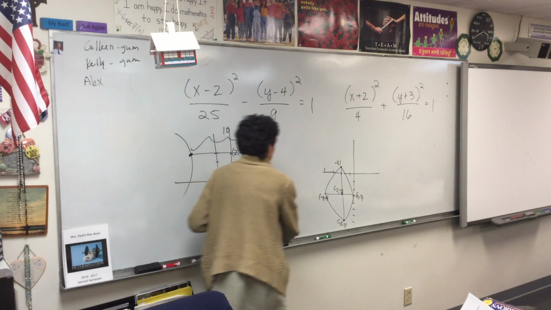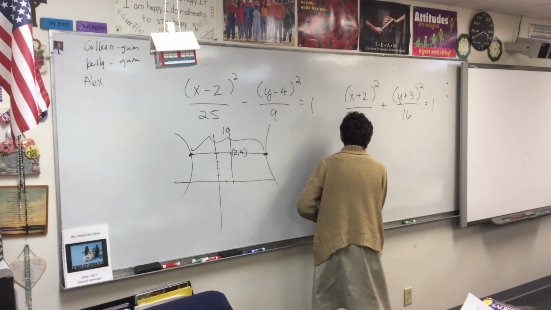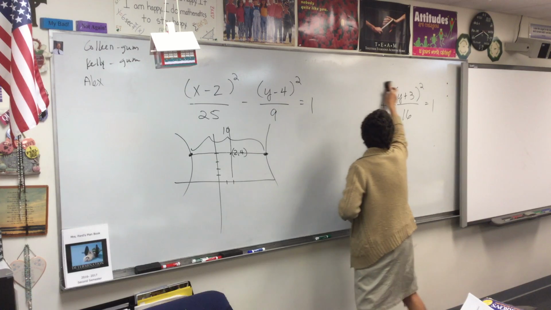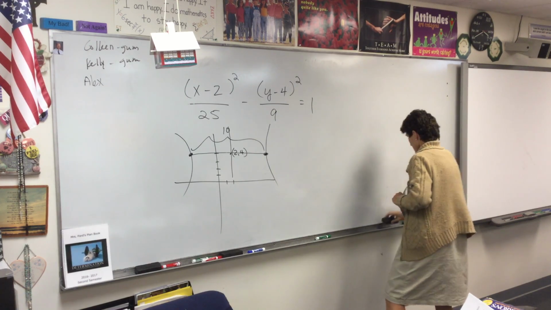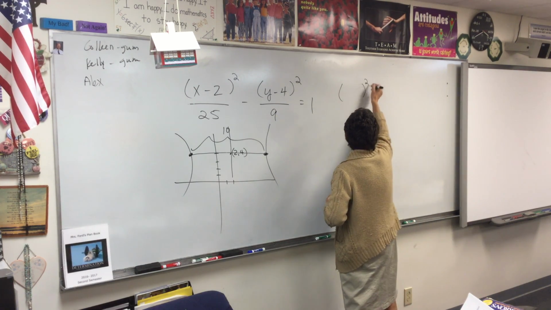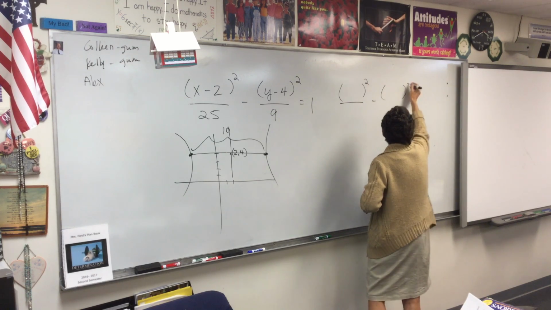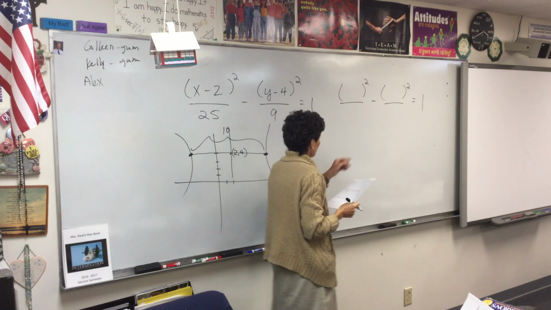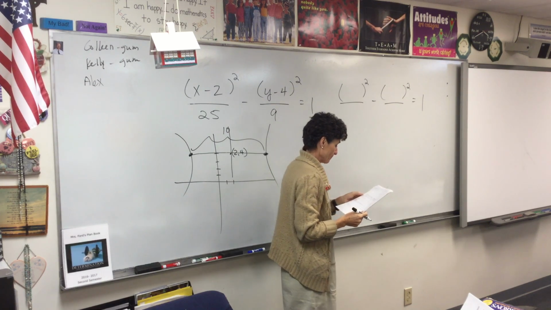Now F is another hyperbola, so we're going to do about the same thing. We start with the format, so we can just plug in numbers. Remember, it's a hyperbola, so there's a minus there.